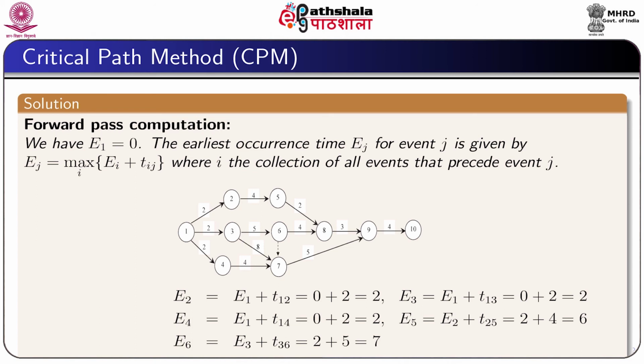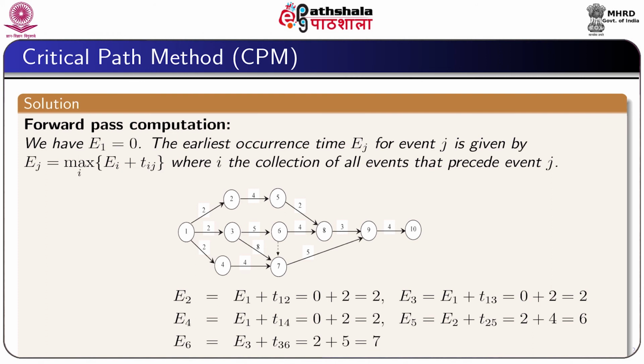Now, in the figure we see that E2, for the event 2, is equal to E1 plus T12, which is equal to 2. Similarly, we can get E3 equal to 2, E4 equal to 2, E5 equal to 6.